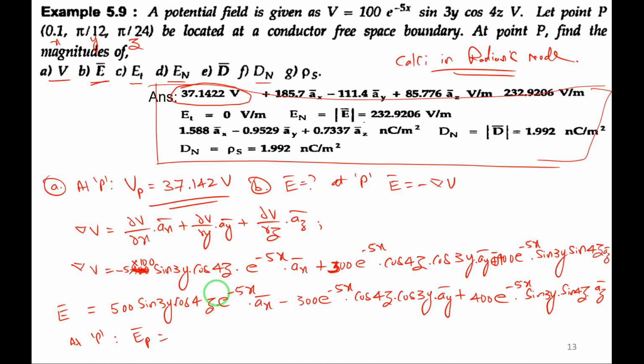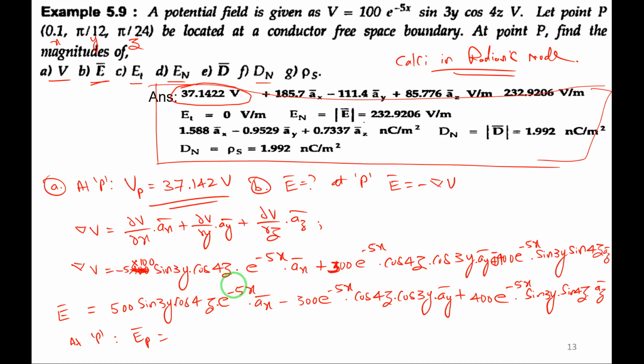So 500 into sine of open bracket 3 into y. Y is how much? Pi by 12. 3 into pi divided by 12, into next cos of 4z. Cos open bracket 4 into z. Z is how much? Pi by 24. Pi divided by 24 over. Then what am I left with? e to the power of minus 5x.